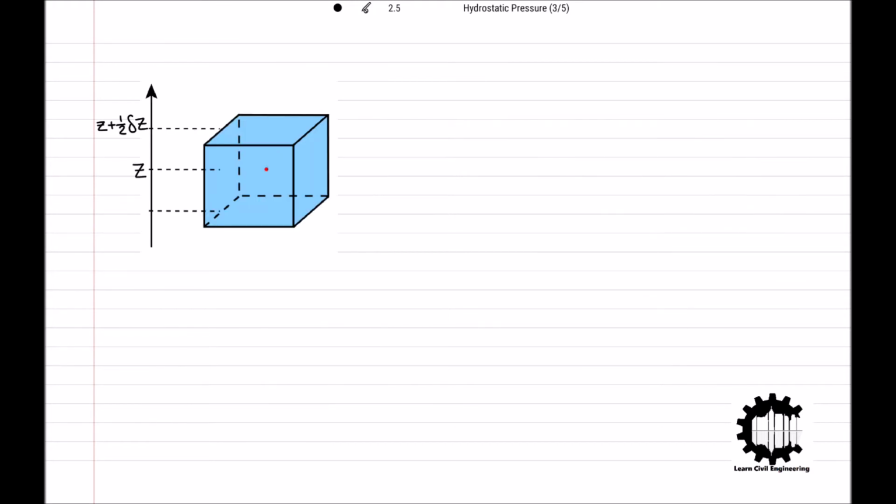We can now resolve the forces that are acting on delta V in each of the coordinate directions and apply the principle of equilibrium.